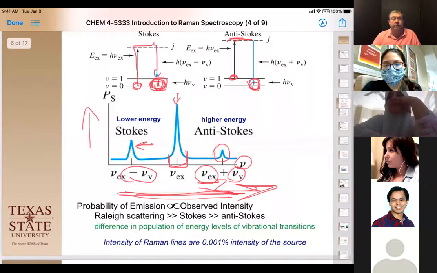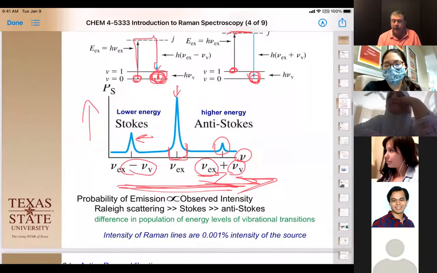I was also curious, what are the subscripts EX and ν referring to? The ν is frequency. EX is the excitation frequency. So if we're exciting with blue light right here, the scatter we get from it is going to be blue light minus some frequency.